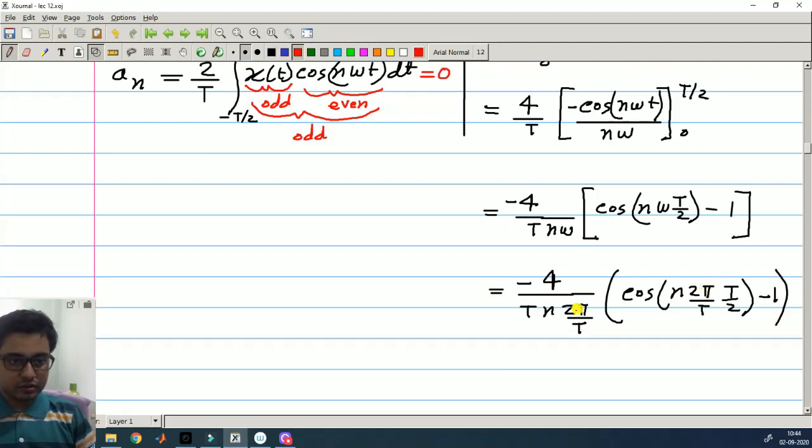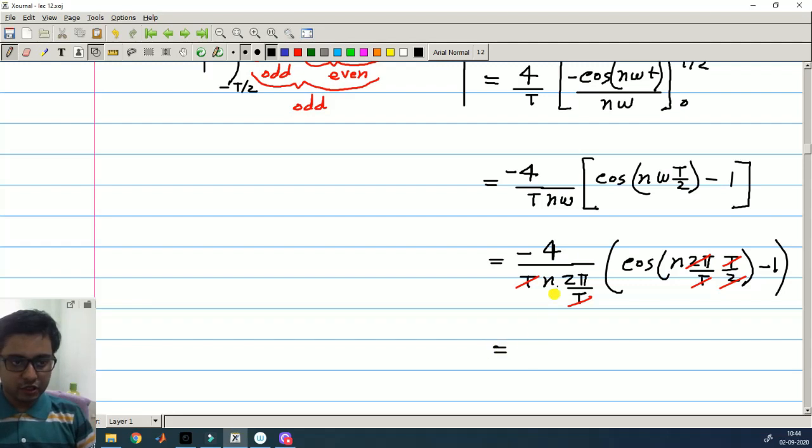Now T cancels here again, so we are left with 4 by 2n pi, and cosine n pi minus 1.